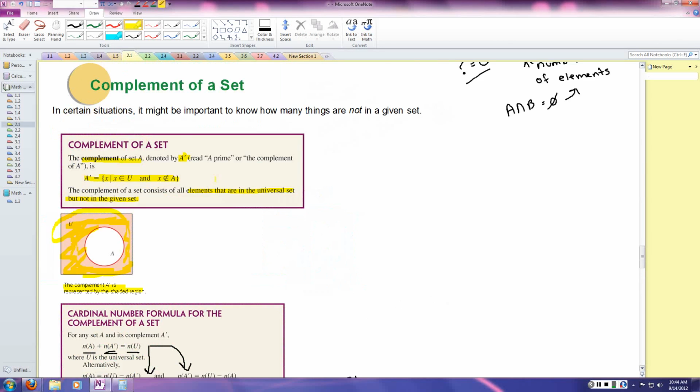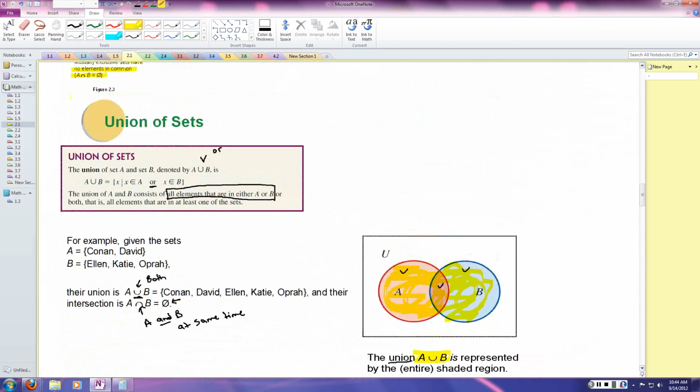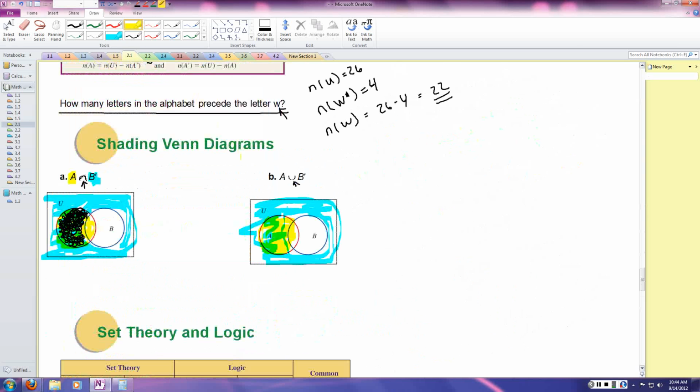So if you go back up to the definition of union, the boxes are going to be checked if it's in A or if it's in B. So in this example, the box is going to be checked if it's in A or not B. So as far as checking your box, you're going to check anything that's shaded. So this would be checked, this would be checked, and this would be checked. So the only thing not being checked is just B.